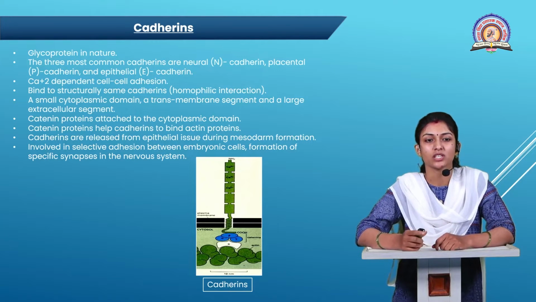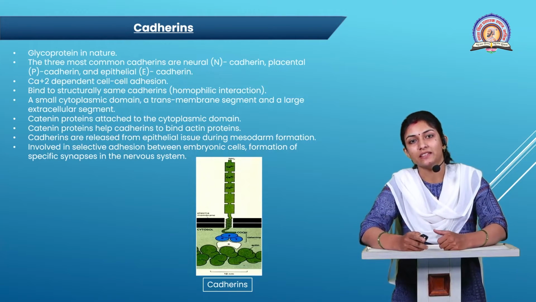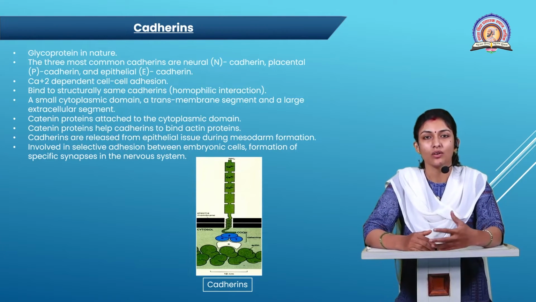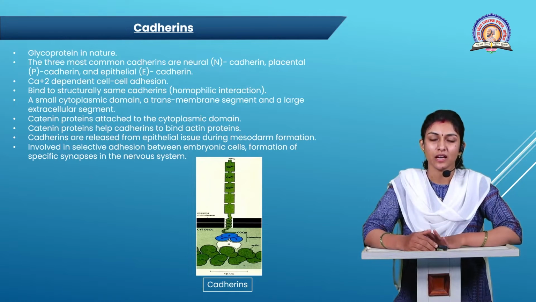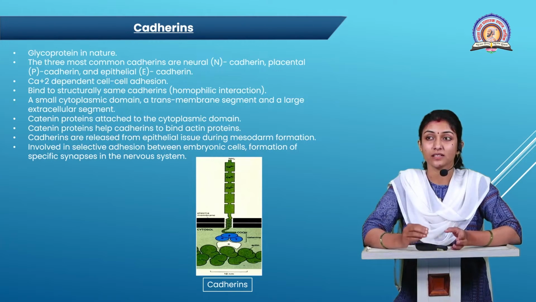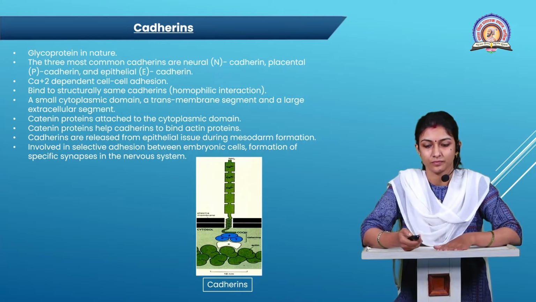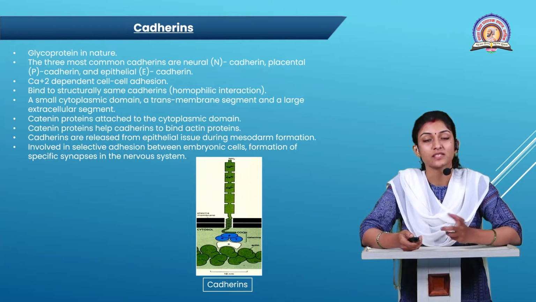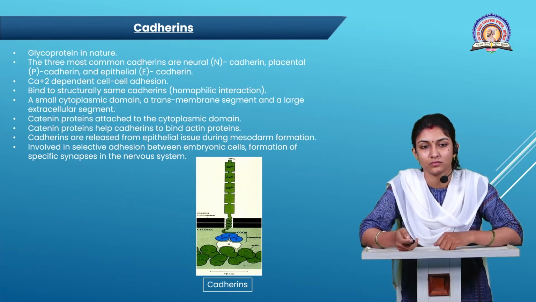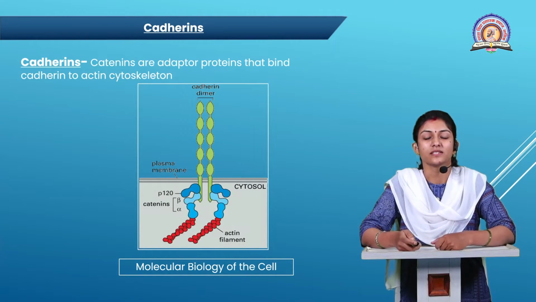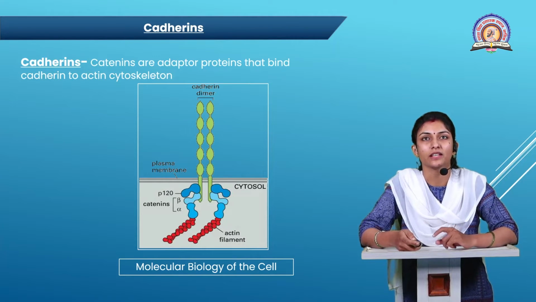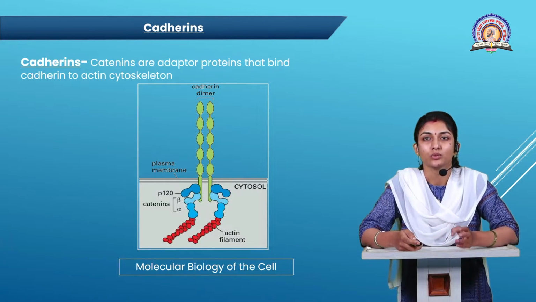They bind structurally to the same cadherin, meaning cadherin is homophilic in nature: it binds to the cadherin of another cell. A catenin protein helps the cadherin in cell communication. Catenin proteins are there, and the actin filament is present too.